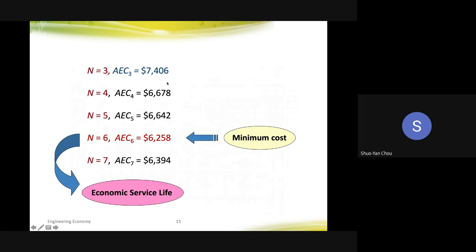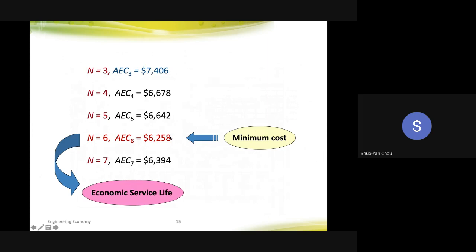And we found out that when n was small, the number of years in use, the annual equivalent cost is getting lower and lower. Again, it is because the reduction in sharing of the capital cost is still bigger than the increase of the annual operating cost.